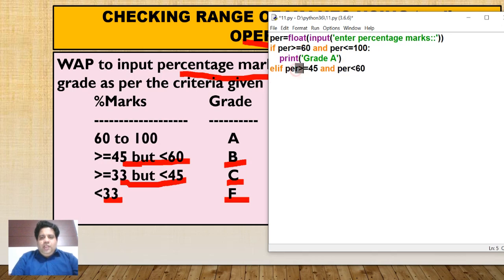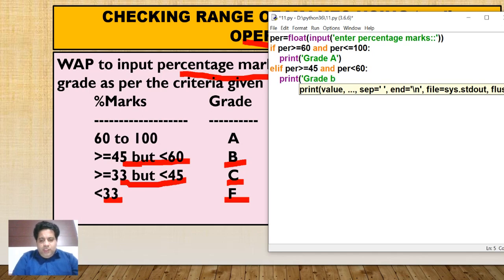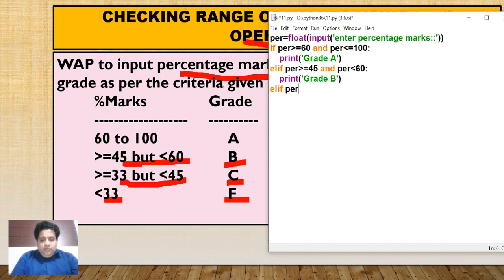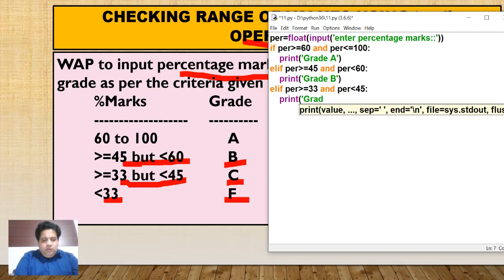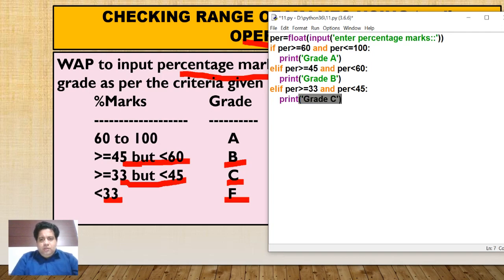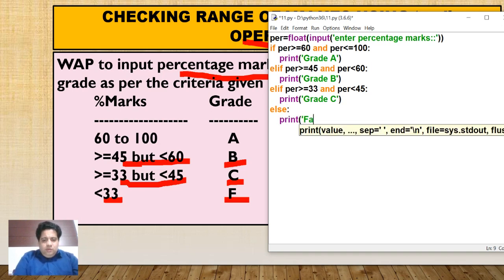So if per greater than or equal to 45 and per less than 60, print grade B. Elif per greater than or equal to 33 and per less than 45, then print grade C, else print fail.